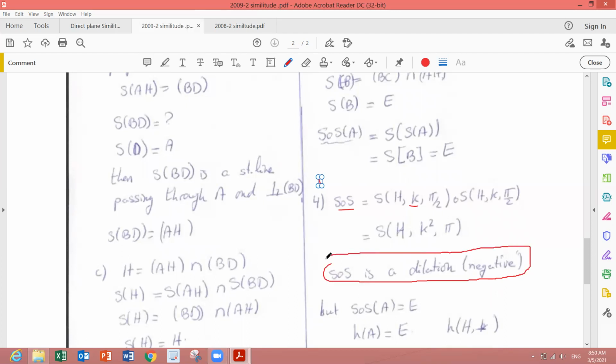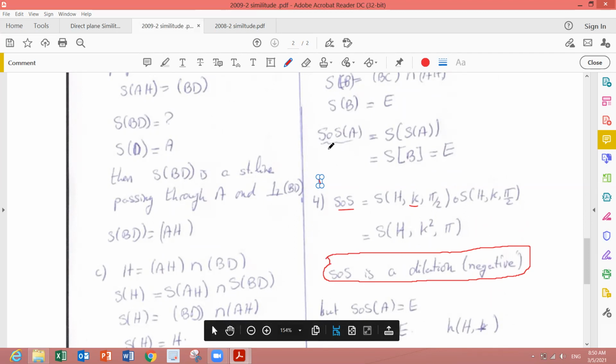Now, how to prove that S round S is H? Yes, Haikaz. دائما لما بيصير باي بيصير negative. Yes, negative dilation.